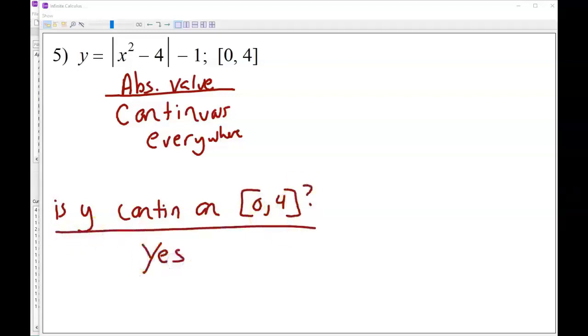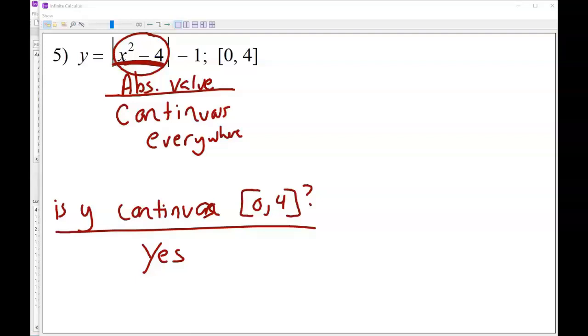Now, just as a side note, not something you really need to worry about in this particular quiz, absolute value functions are continuous everywhere. But if there's another kind of function inside of it that has a discontinuity, then that still has a discontinuity on it. But this is a polynomial, so polynomials don't have discontinuities either.